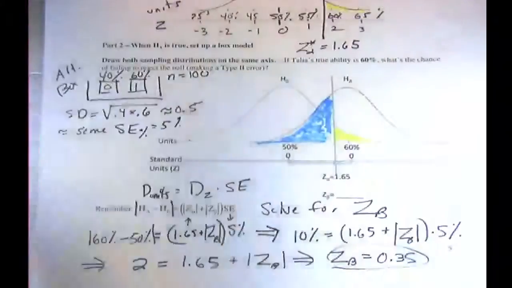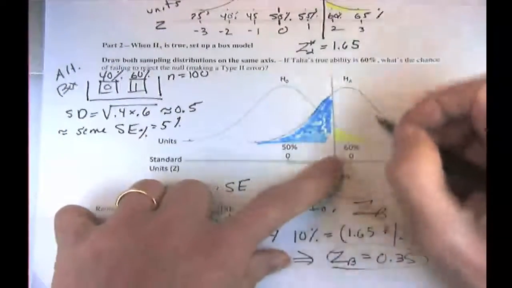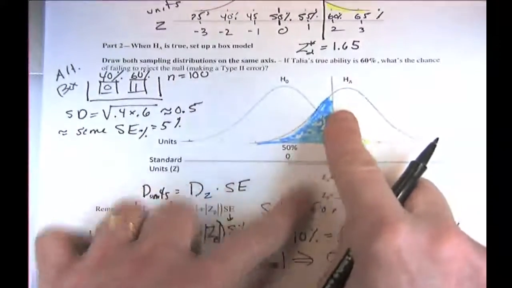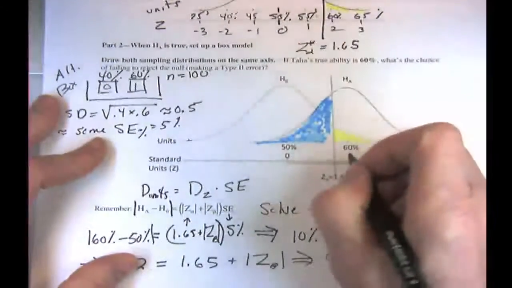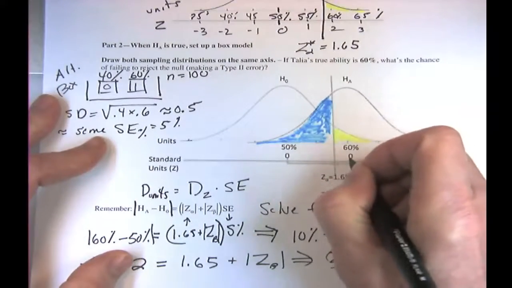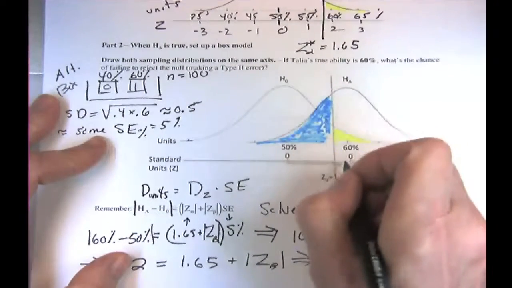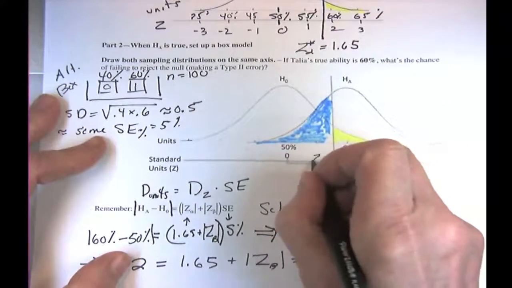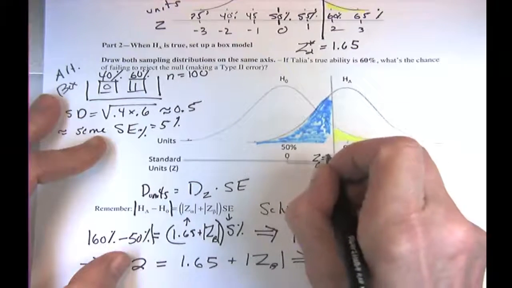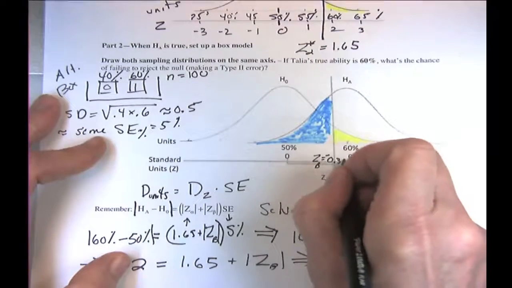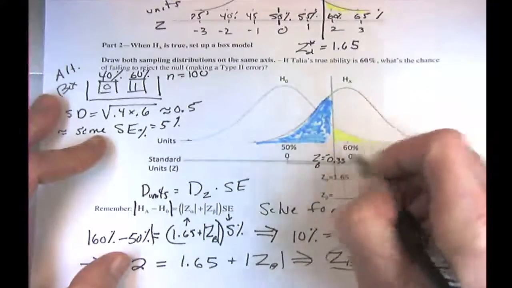This is a 0 here. If we were looking at this curve, this would really be z beta equal to negative 0.35, but we're just concerned with the distance.